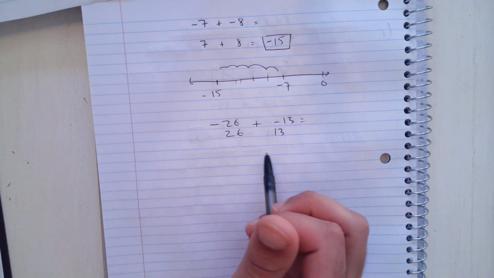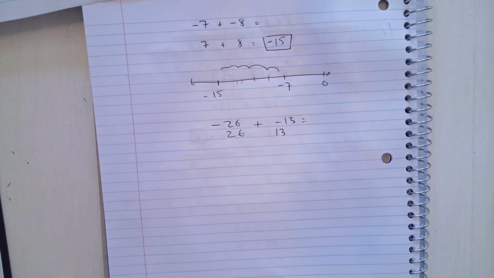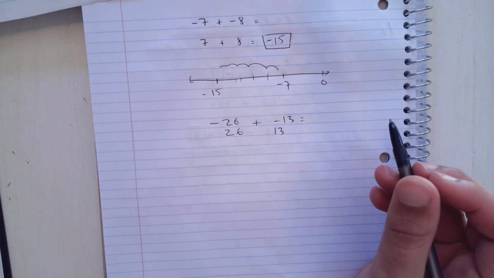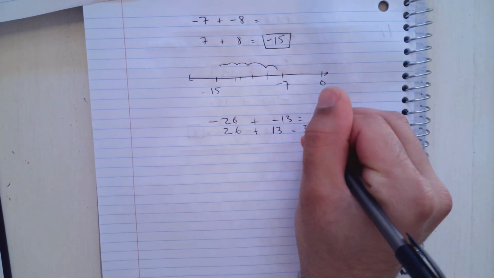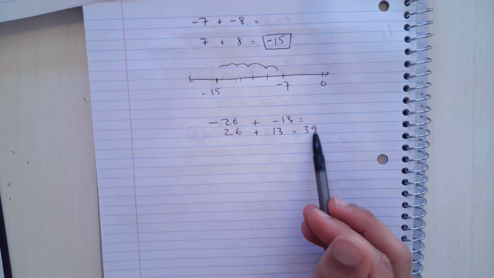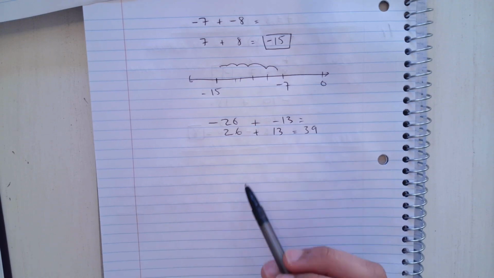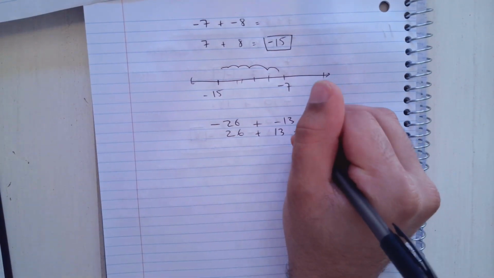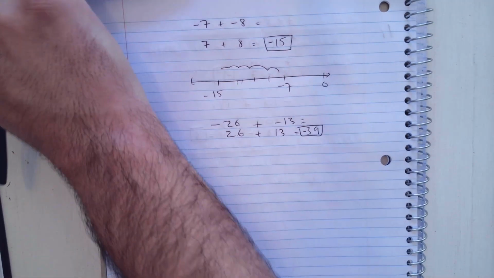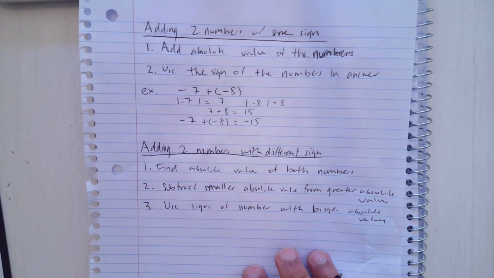Do we add them, subtract them, divide them, multiply them? Exactly. Now, is this answer done, or do we need to change its sign to negative? Exactly.